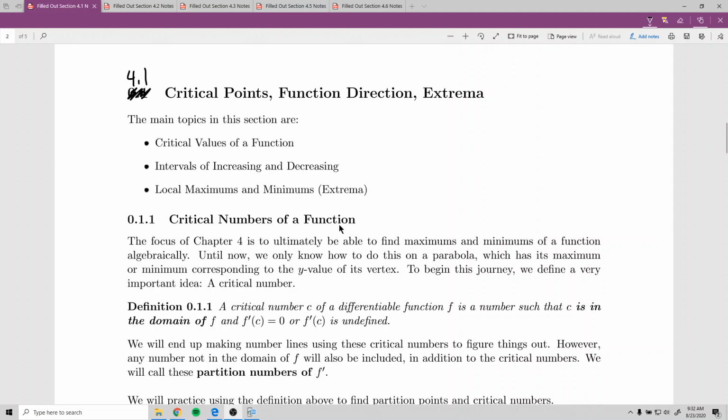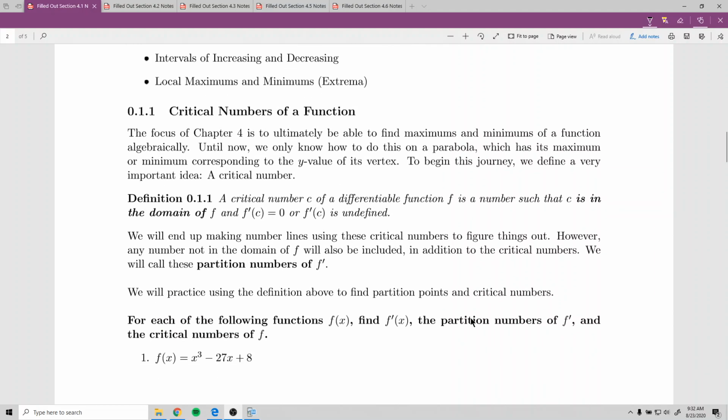And typically you can't just plug very messy formulas into a calculator or a computer and graph it and expect to figure it out that way. So we're going to develop how to do that using our calculus.